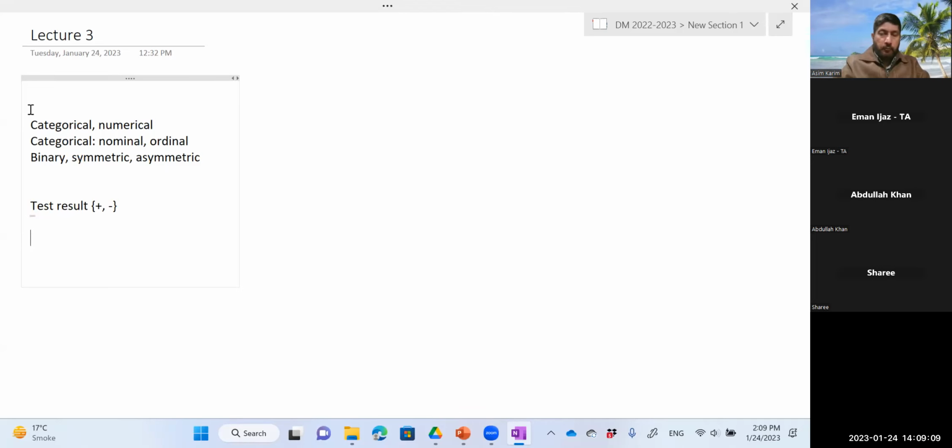Okay, so going forward to numeric attributes. These have two subcategories as well. We have what is known as interval scaled, and then we have ratio scaled.